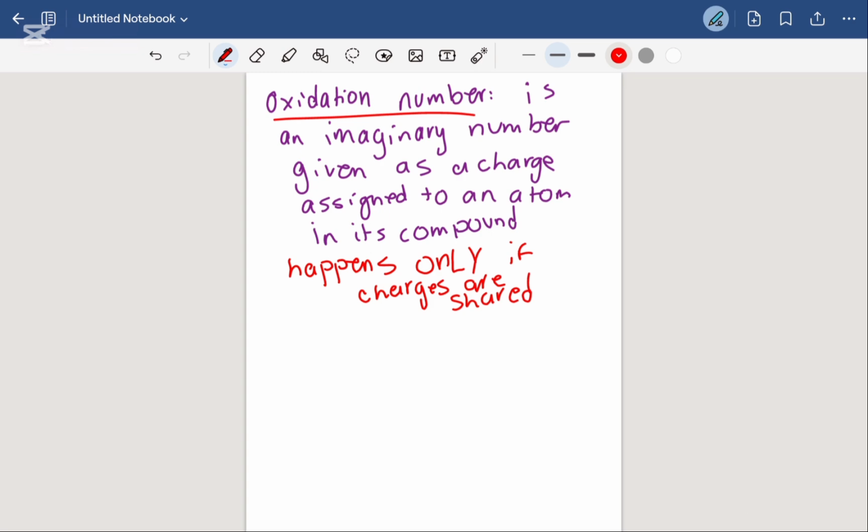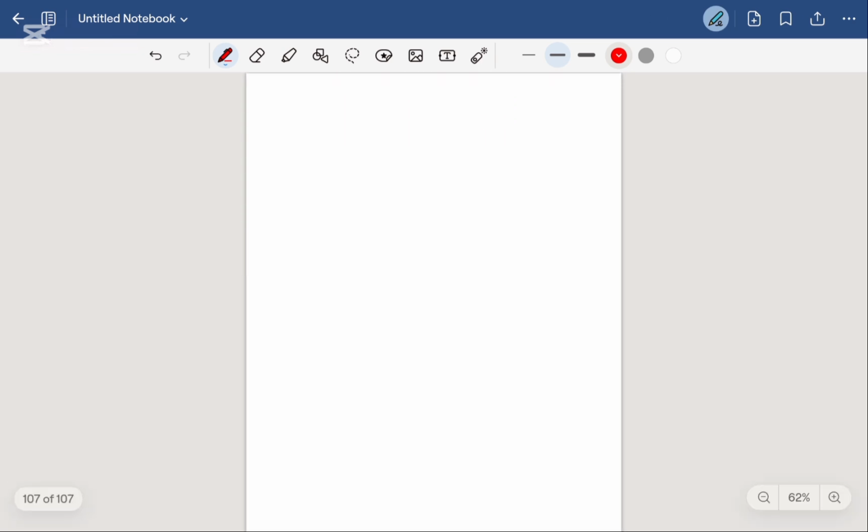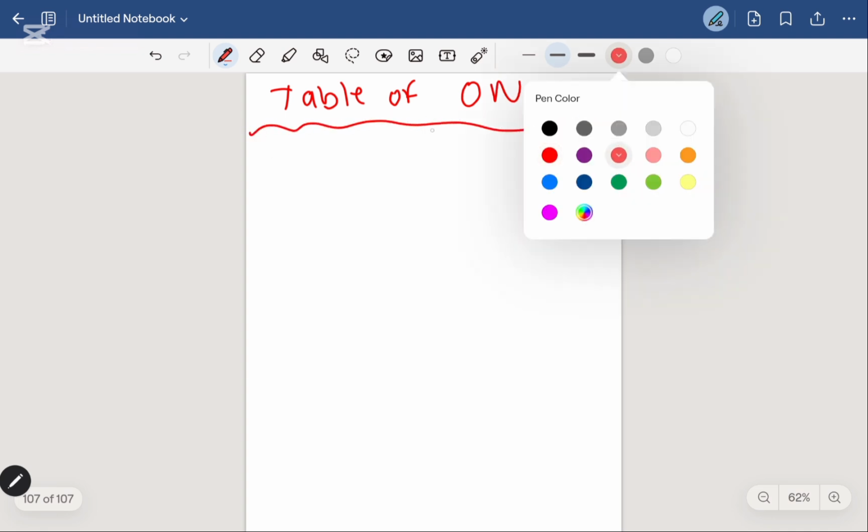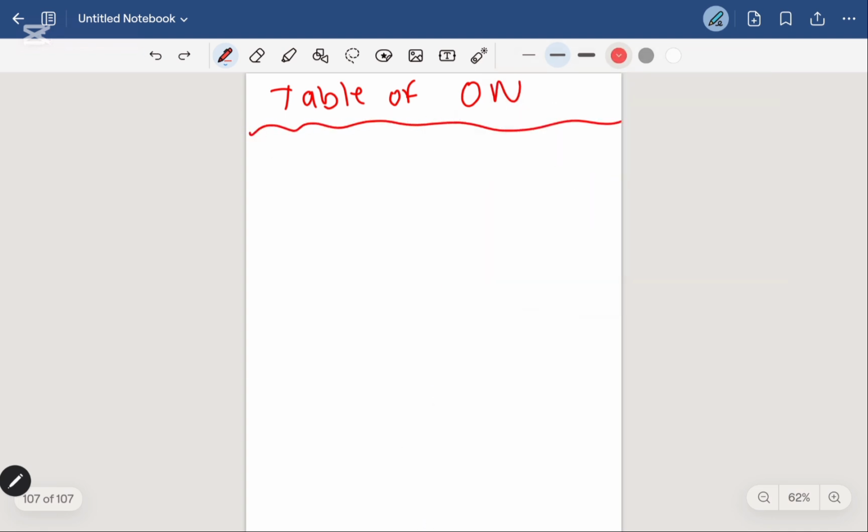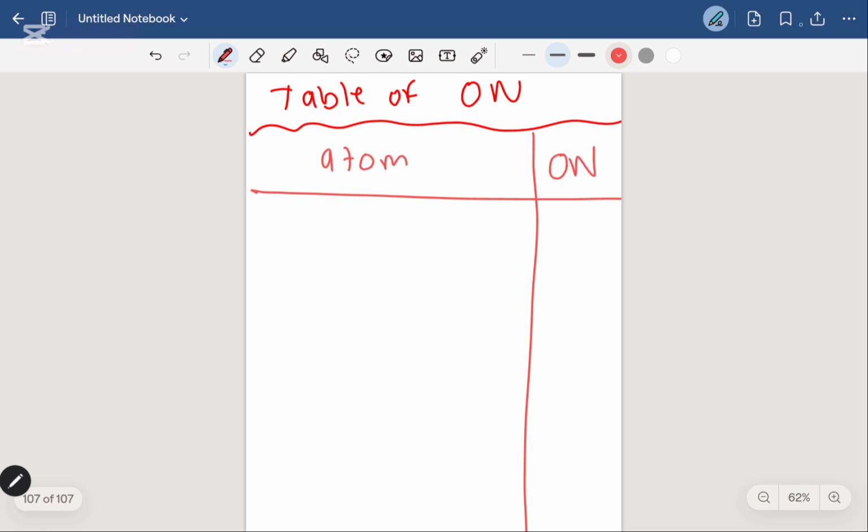Now we are going to write a table. This table will help us understand better. So we will call this table the table of oxidation number. We're going to separate it like this, okay? In the top, we are going to put the atom, and here we are going to put its oxidation number.